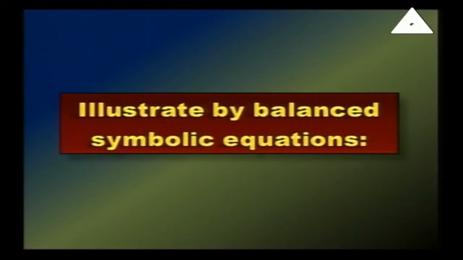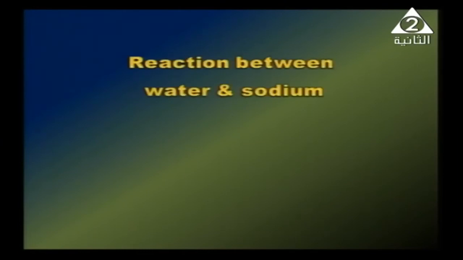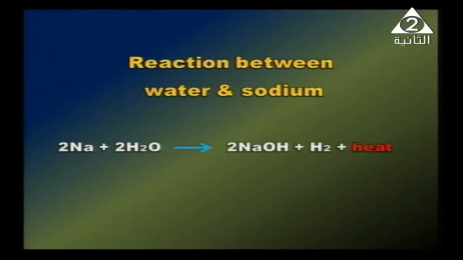Another type of question is illustrated by balanced chemical symbolic equations. Reaction between water and sodium: 2Na + 2H2O produce sodium hydroxide, and hydrogen gas evolves with a great amount of heat.